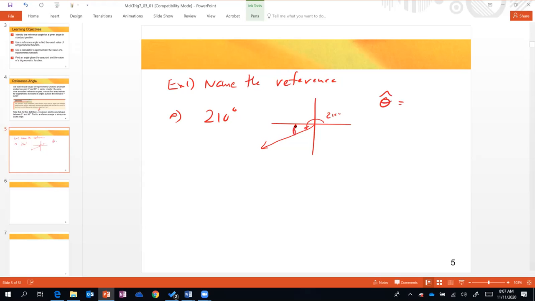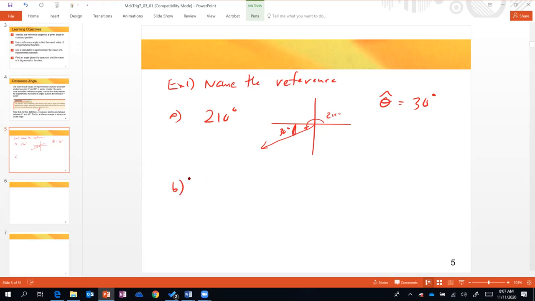So it's always connected to the x-axis. 30 degrees. All right, we good there? Wait, why would it be 30? So it's the angle that's made by the terminal side and the x-axis. It's the difference between those. Oh, okay.